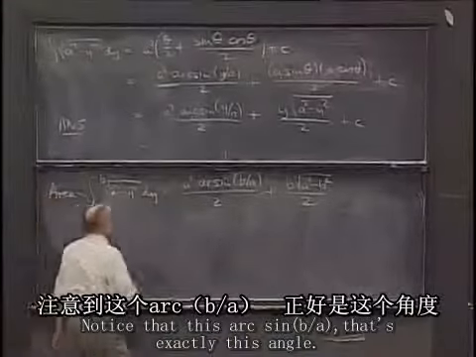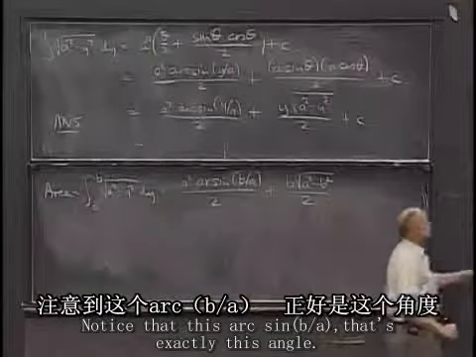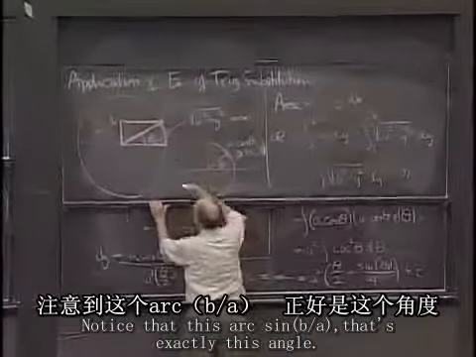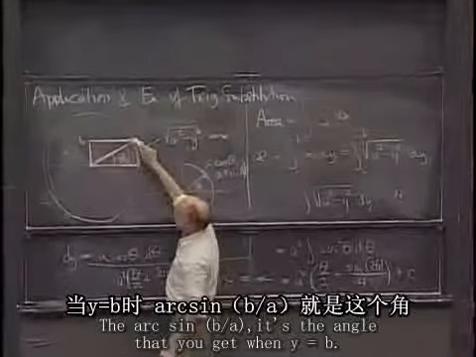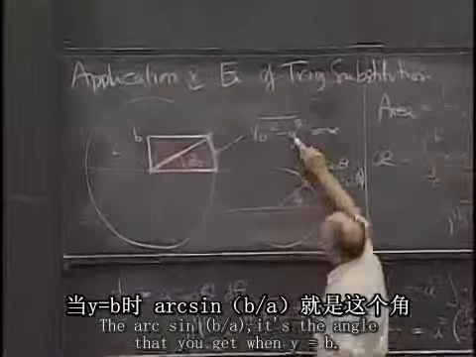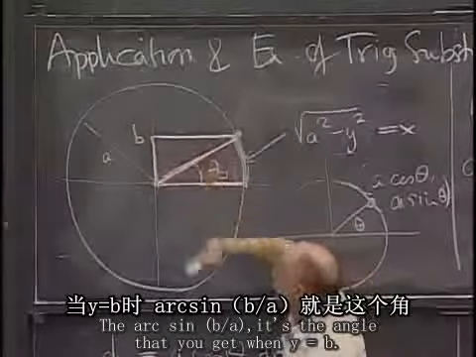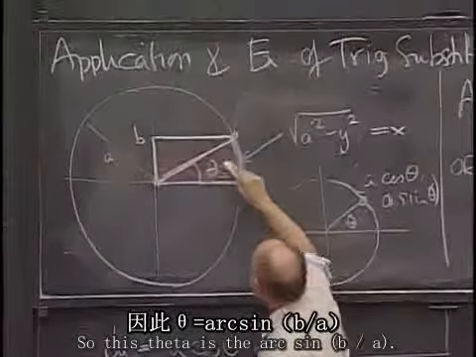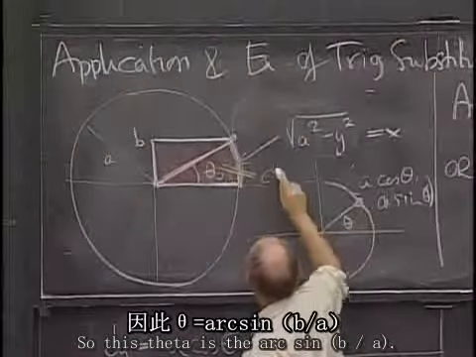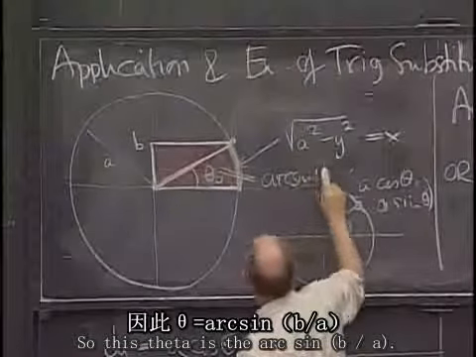So there's an expression for this. Notice that this arc sine of b over a is exactly this angle. It's the angle that you get when y equals b. So this theta is the arc sine of b over a.